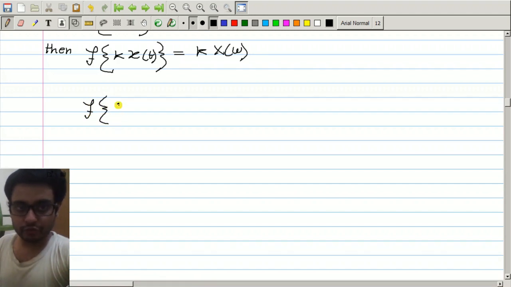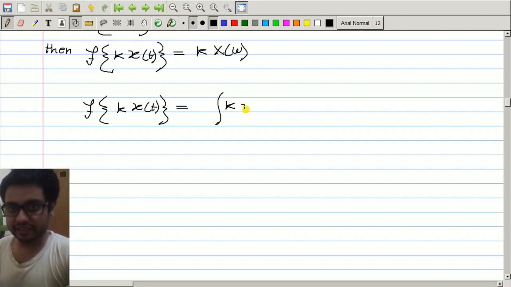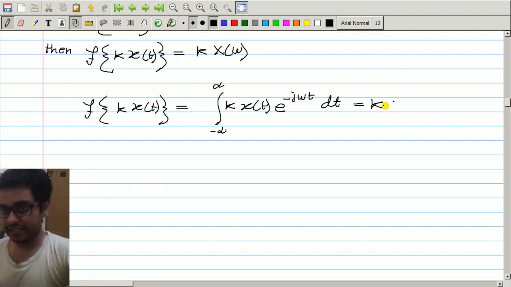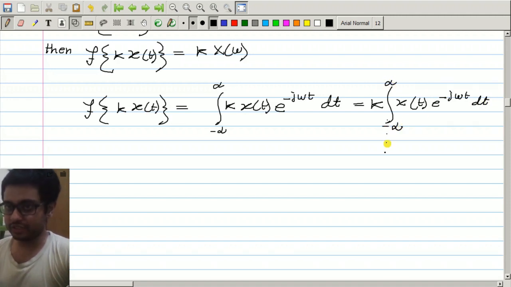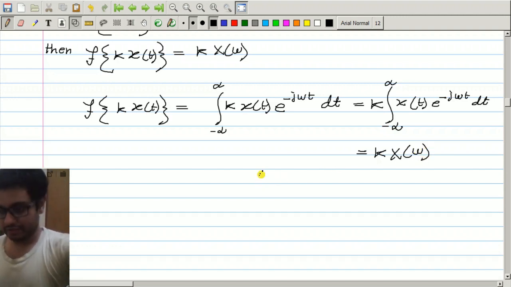Fourier transform of k x(t) is by definition the integral of k x(t) e to the power minus j omega t dt from minus infinity to plus infinity. Now this k is a constant, so you can write it outside the integration, and inside you have x(t) e to the power minus j omega t dt from minus infinity to plus infinity. And this is equal to k times this integration, which is nothing but capital X(omega). Okay, that was easy.